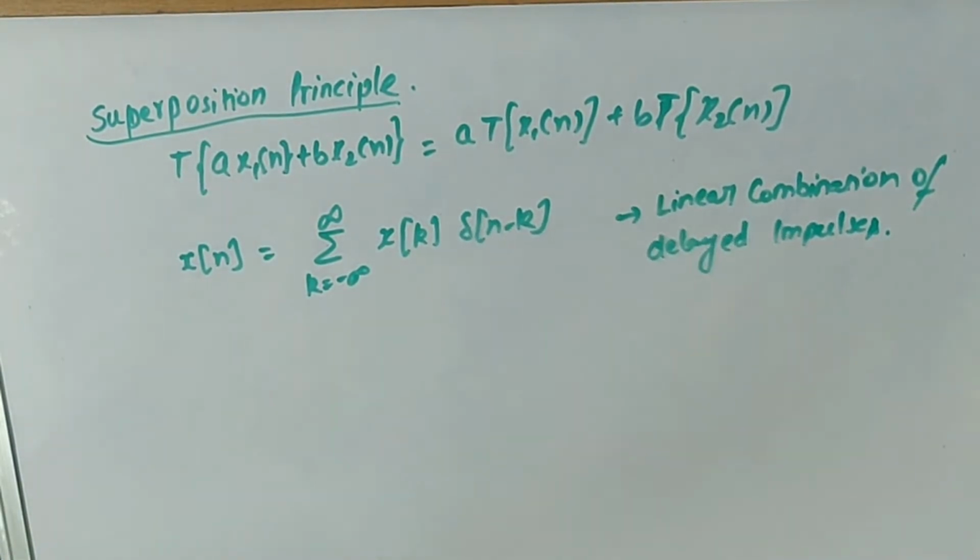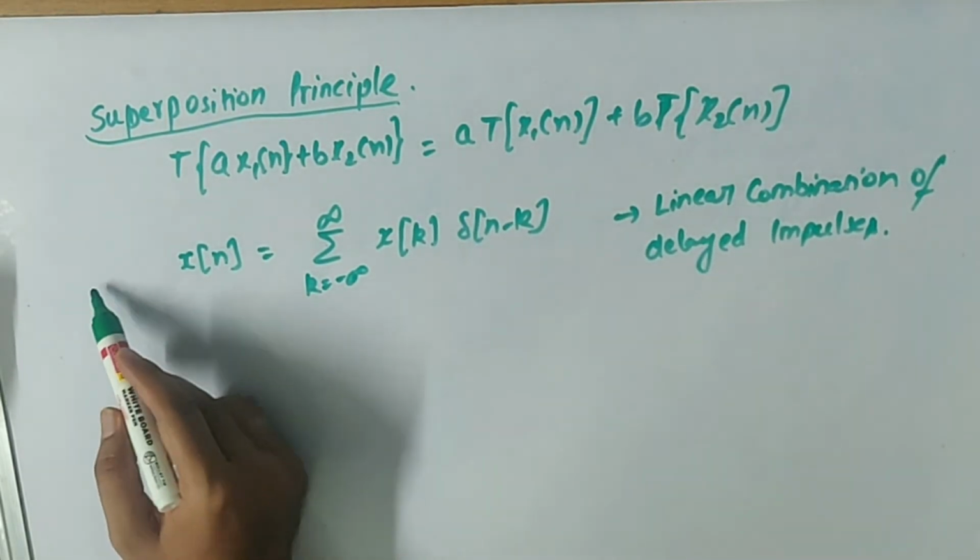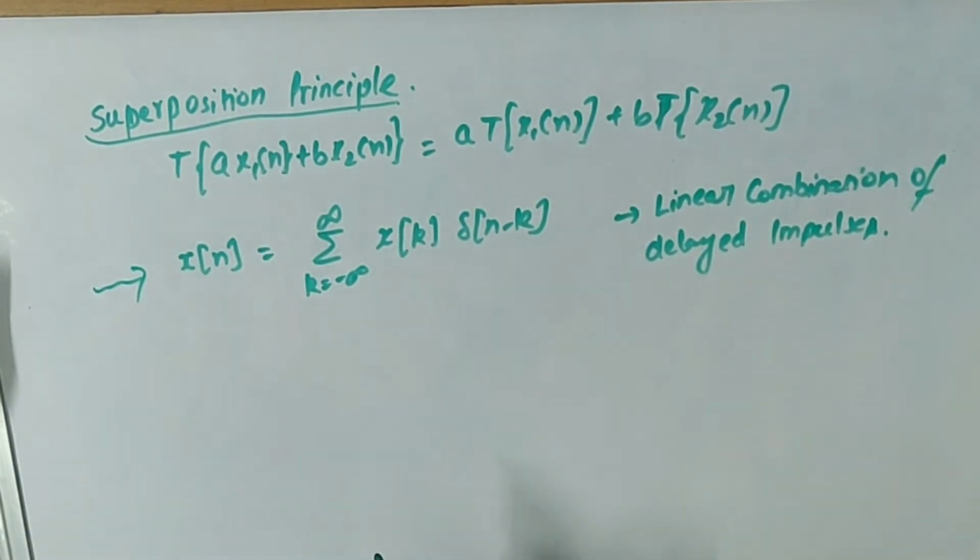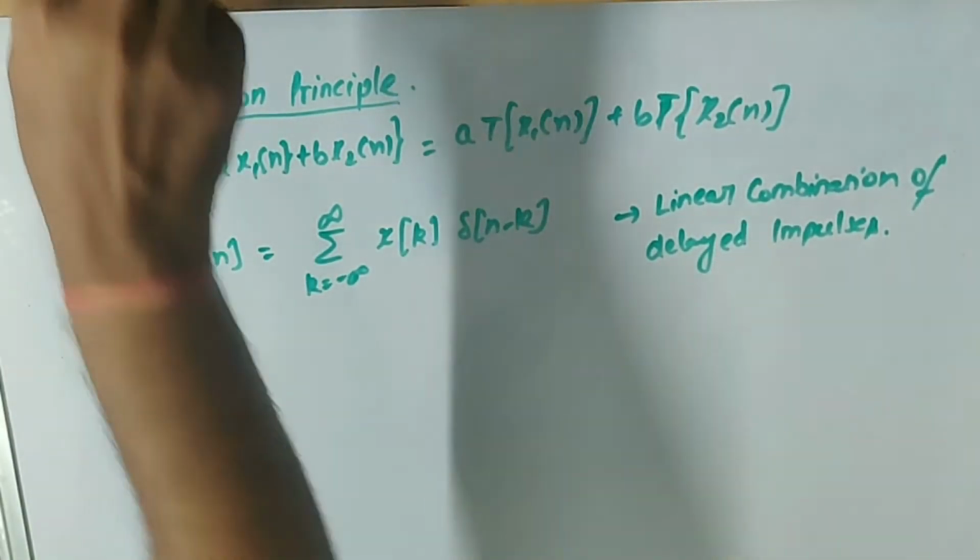So a linear system can be completely characterized by its impulse response.